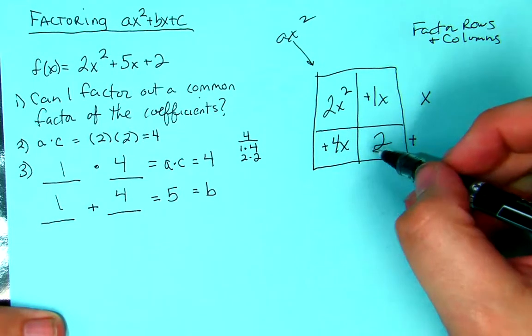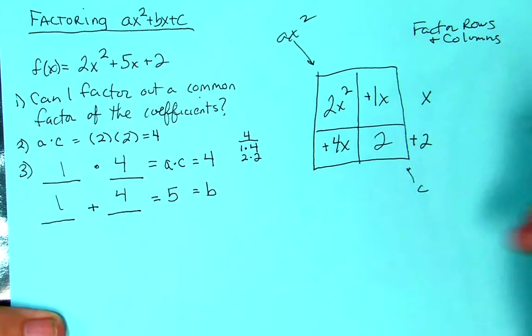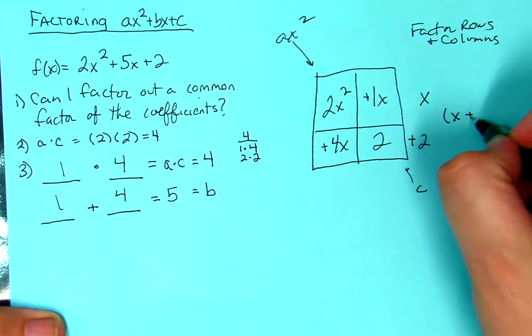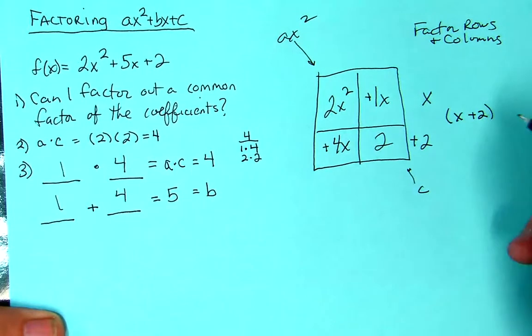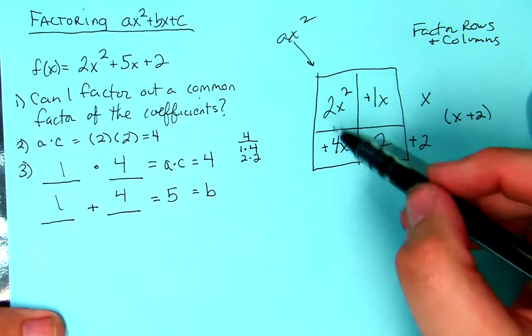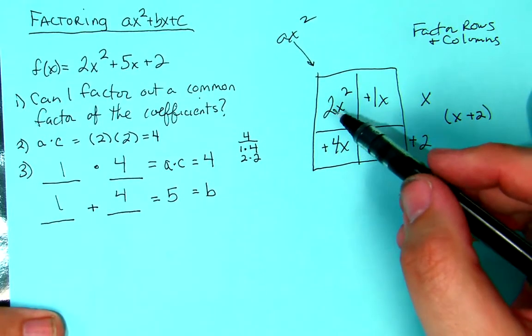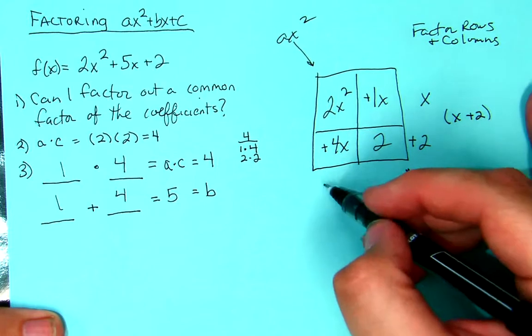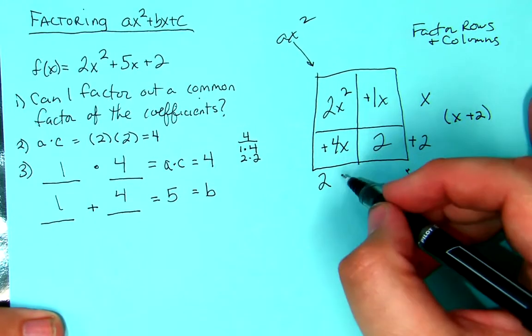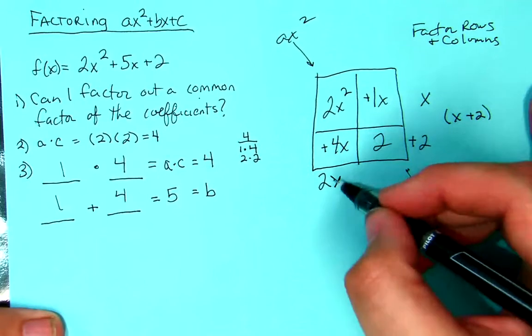The common factor between 4 and 2 is a 2. So I'm going to get the binomial x plus 2 as one of the factors. Now for here I have 2 and 4. The common factor is a 2. I have x squared and x, so I can factor out an x, so I have 2x.